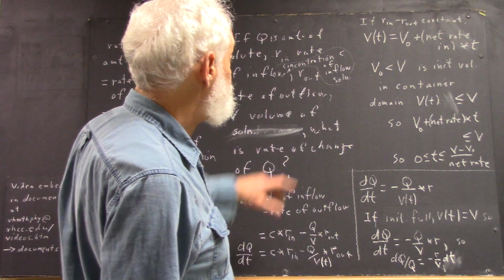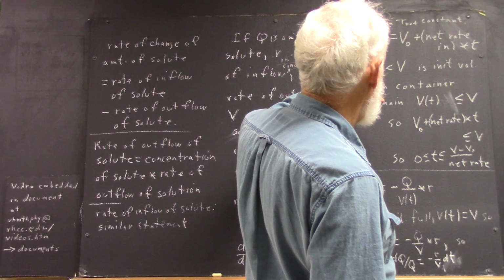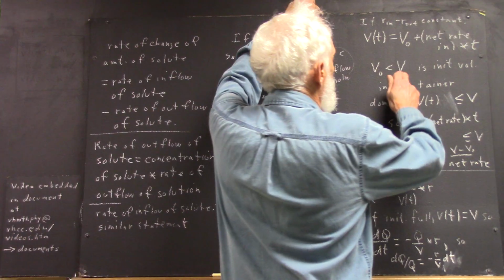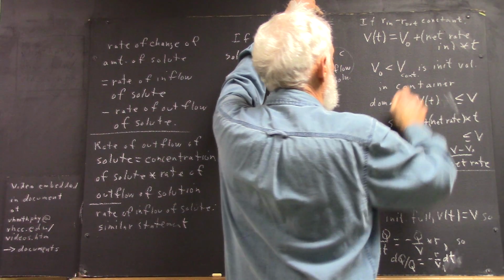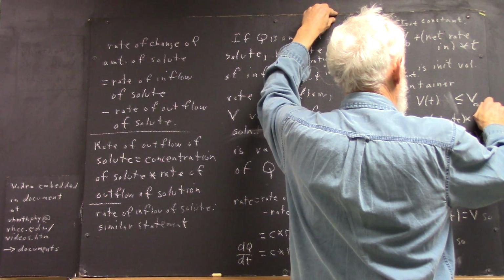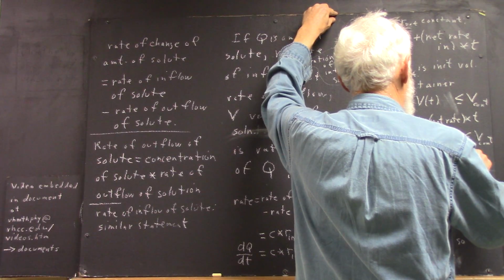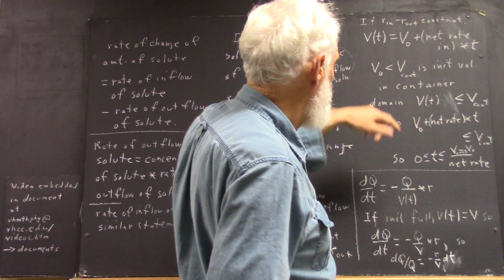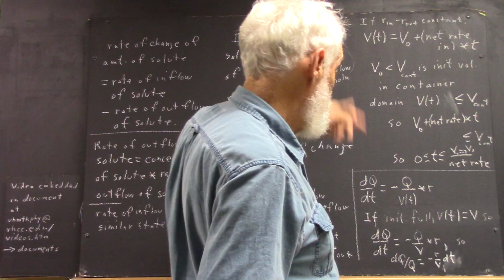Okay, now I need to make a modification here. I'm going to let V_cont stand for the volume of the container. So here's the volume of the container. Can't really read it, but that's the volume of the container minus the initial volume.